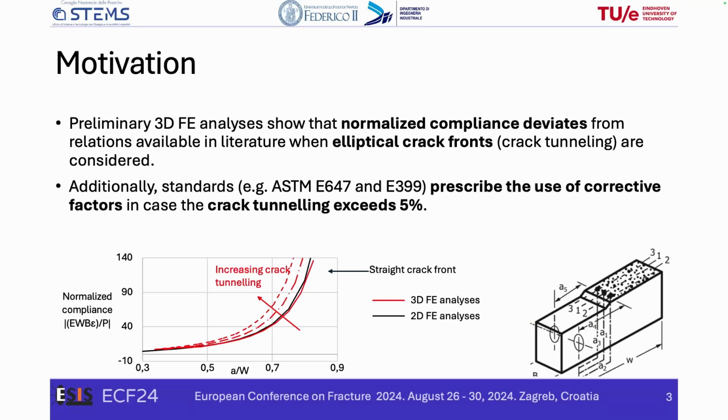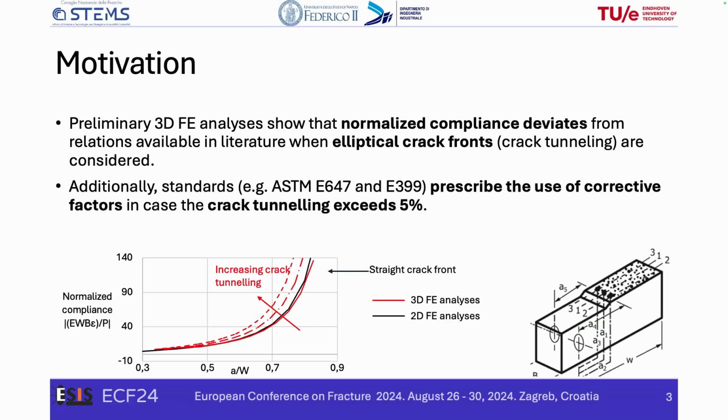In this slide, you can see a plot with, on the y-axis, normalized compliance at the backface, calculated with 3D finite element analysis on the solid black line, and with the red lines, you have those with 3D finite element analysis.